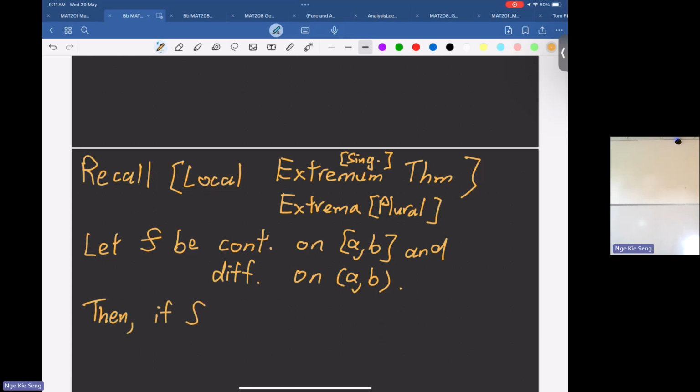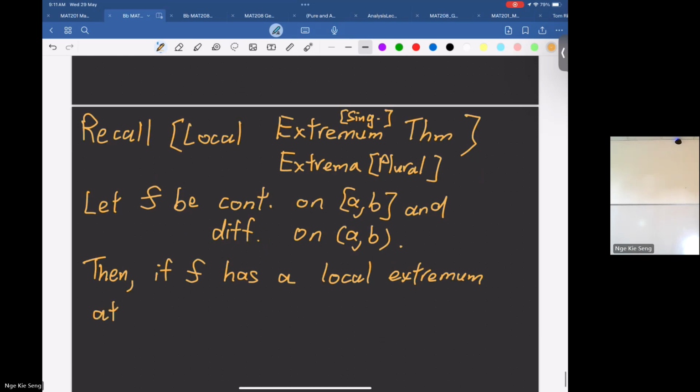Then if f has a local extremum at c and f is, let me see, I think it should be differentiable at c.